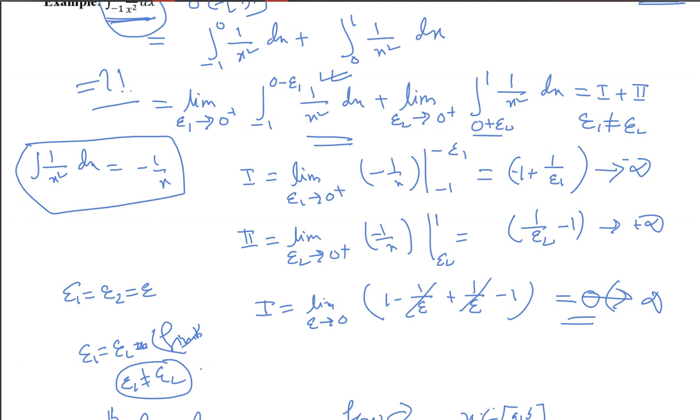Okay. So 1 by epsilon 1 minus, if you put -1 over here, that will be +1. So -1 plus 1 by epsilon 1, this one. And here you will have -1. Okay, this is -1 minus -1 by epsilon 2, that is 1 by epsilon 2. Is it okay? So in that case you will get -2 the value.